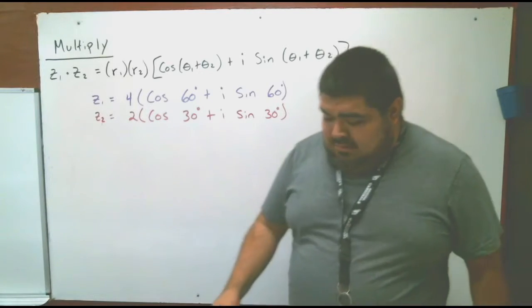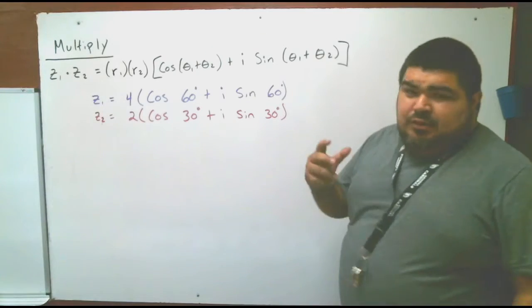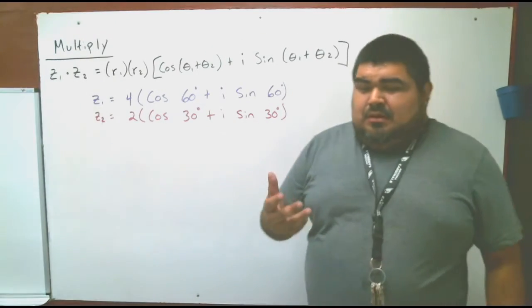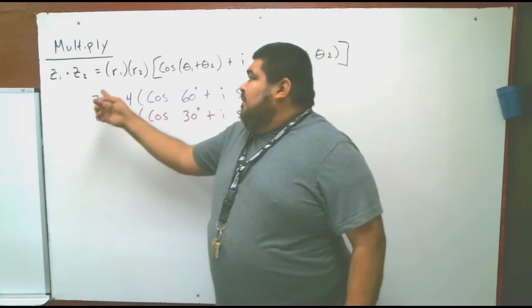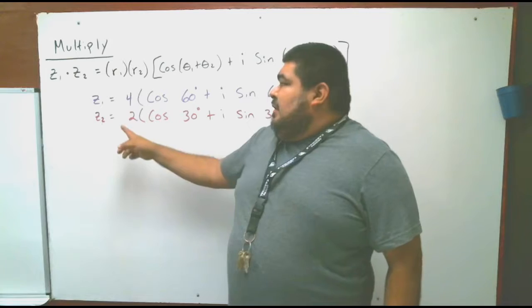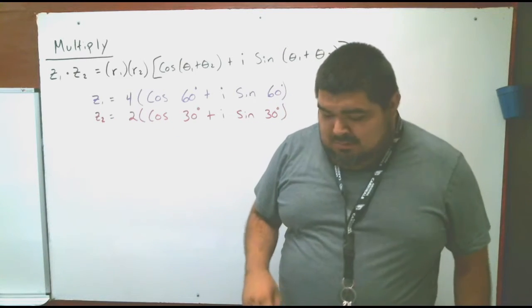Now that we have these two equations to deal with, remember that in order to multiply them, we have to multiply the r's. So we have 4 as one r and 2 as the other r.